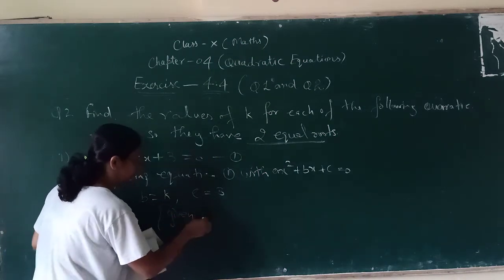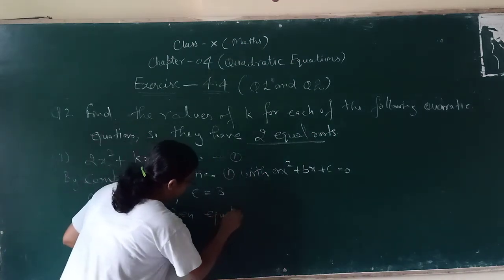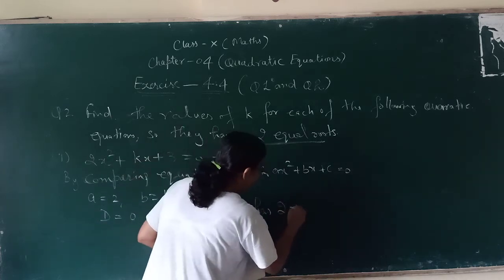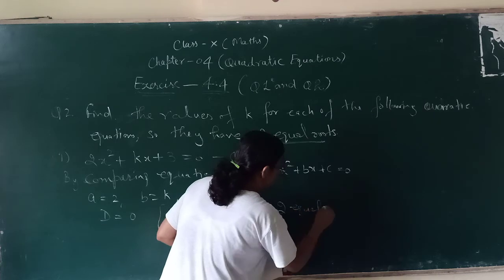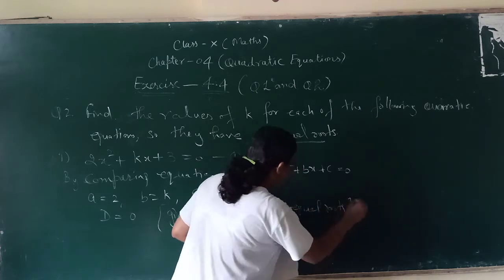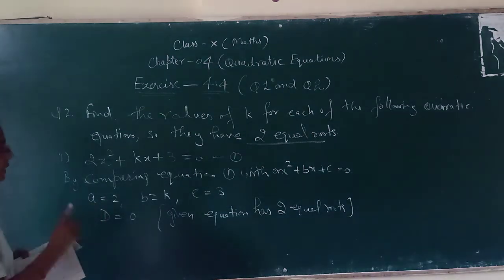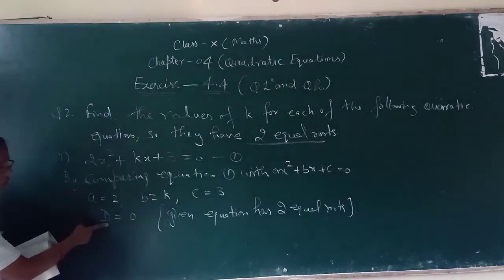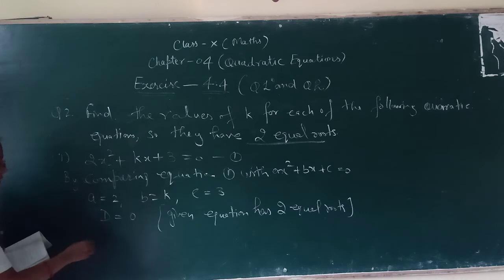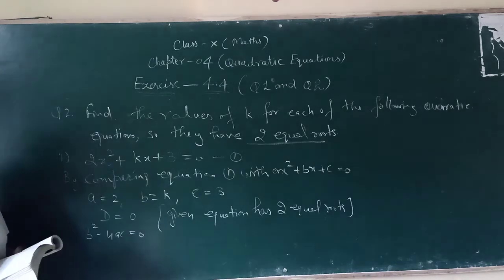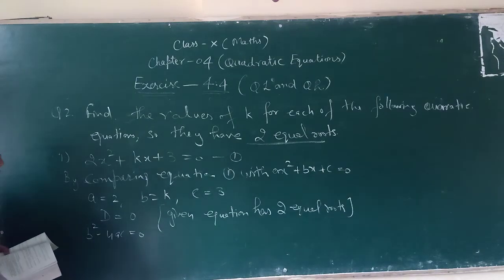Given equation has two equal roots, that's why this line is there. We consider this condition because यह condition मैंने आपको पहले बता दिया. We can say b square minus 4ac is equal to 0. What is b here?